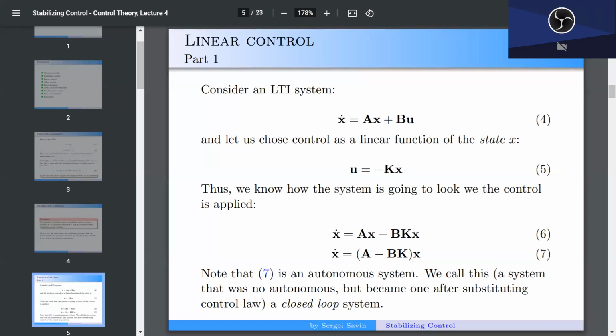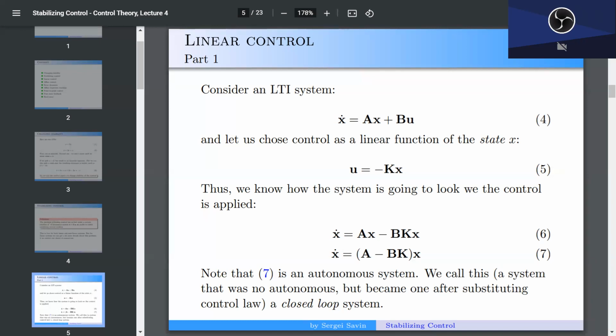So this problem is solvable, and solvable with algorithms and by hand for the 2x2 case for sure. Great. Now we kind of know how to find stabilizing control, kind of. Of course, it depends on software or your intuition. So all we need to do is to make sure A minus BK is stable.